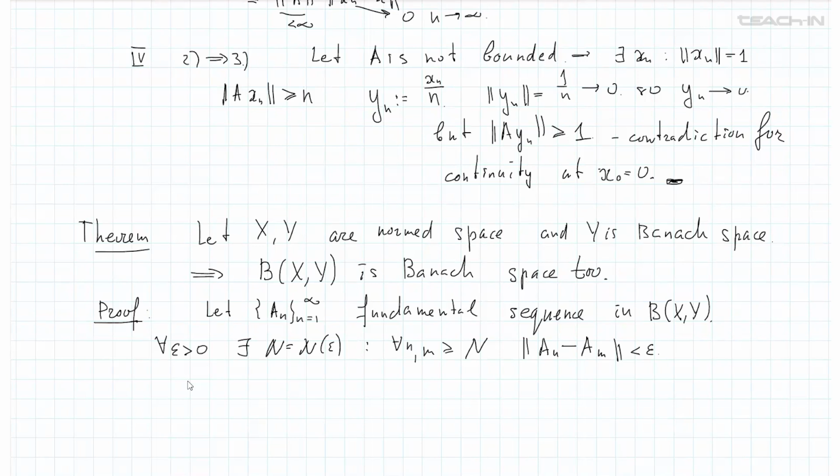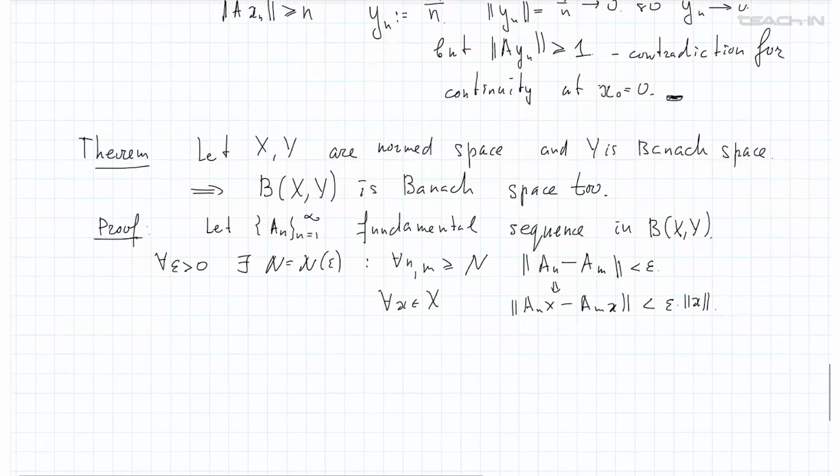We know that this is a supremum, yes? So we immediately obtain that for any x from the space X, ||An x minus Am x|| is less than epsilon multiplied by ||x||. So we immediately obtain that this sequence is fundamental in space Y.